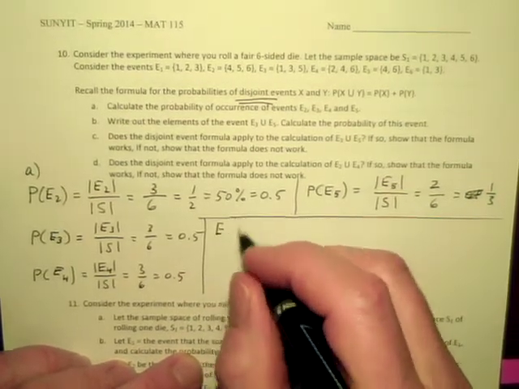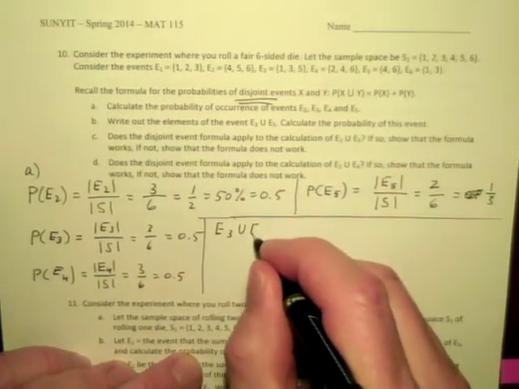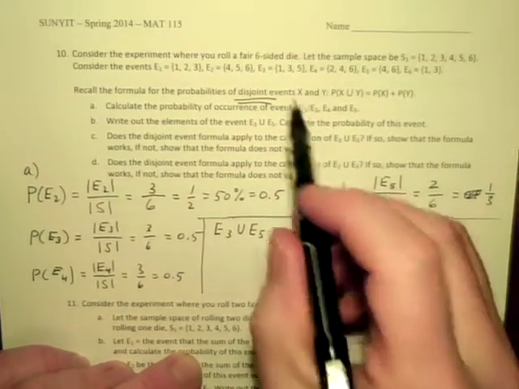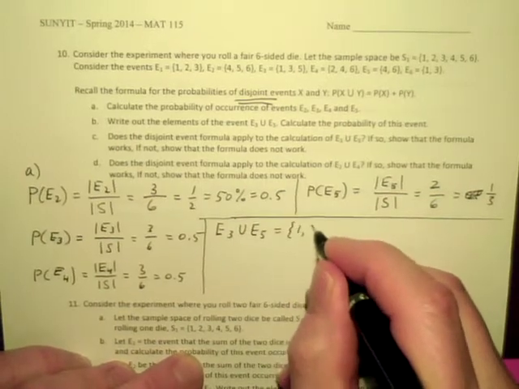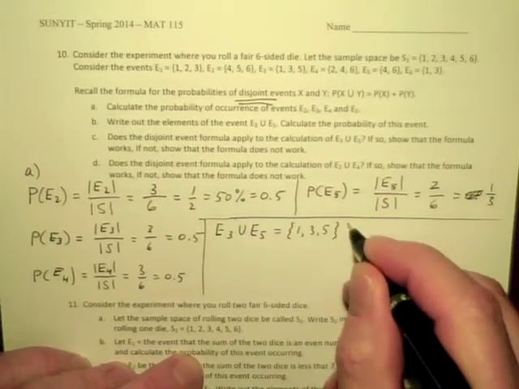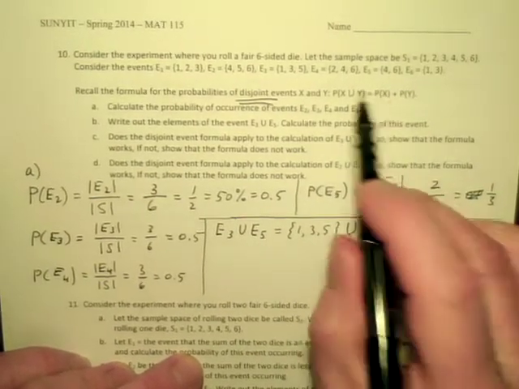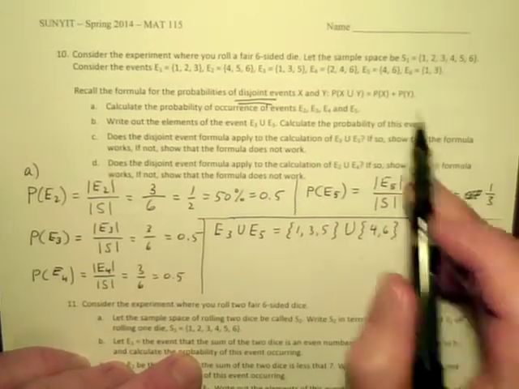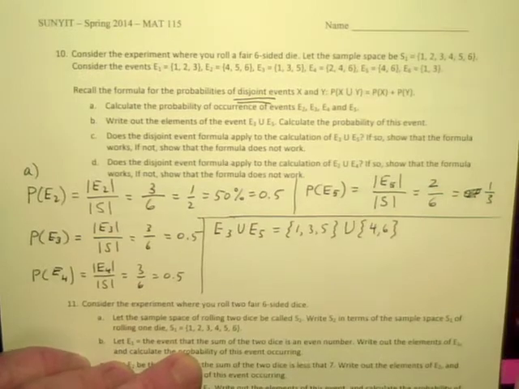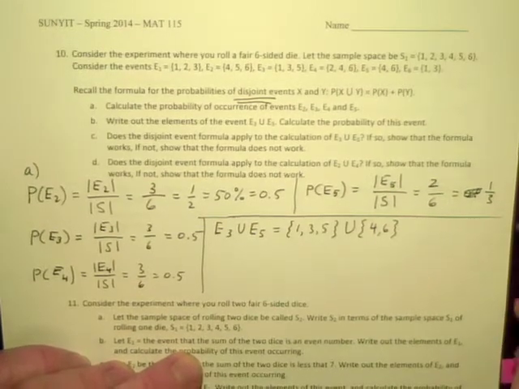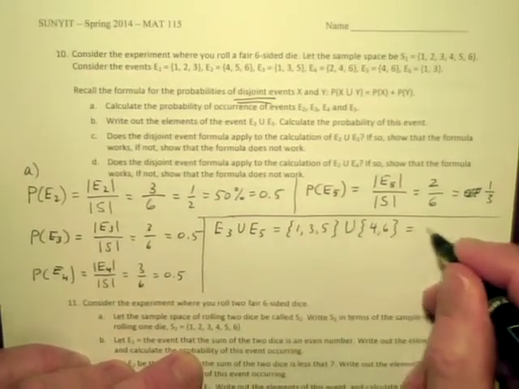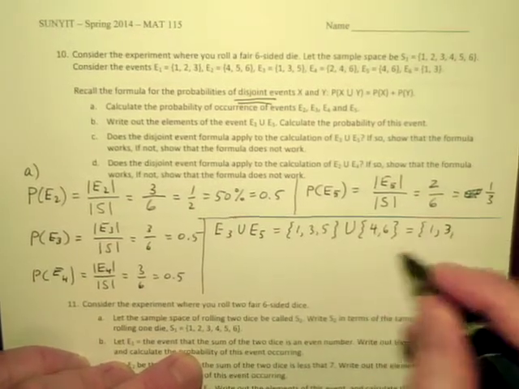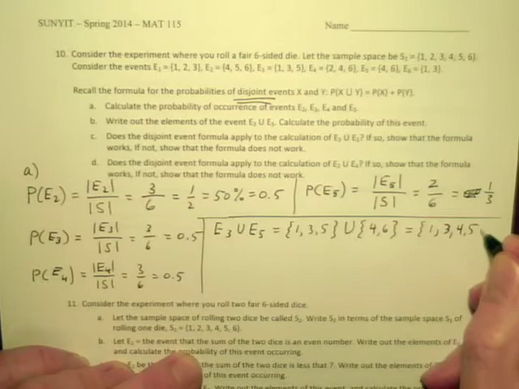Okay, E3 union E5. Well, E3 is 1, 3, 5. Union E5 is 4 and 6. Okay, and this is 1, 3, 4, 5, 6.